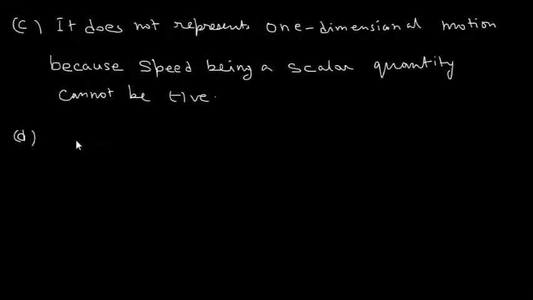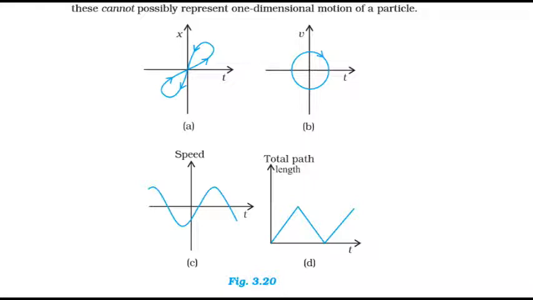Now D. Let us check the graph D. Okay, fine. This is a total path or distance time graph.